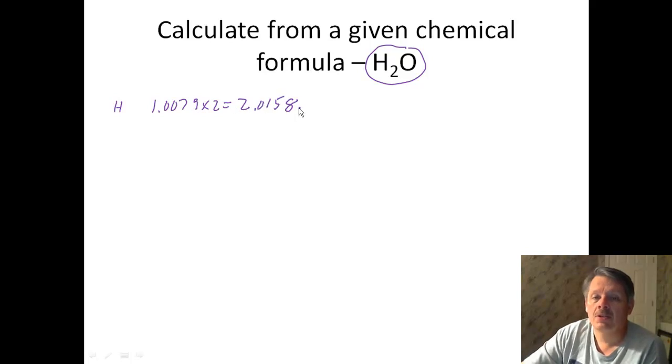And that's in grams. And for oxygen, I get, well, we all know that's 15.999. Again, guys, you should be looking at this on your periodic table. Right? Now what I have to do is add these two numbers up. So I add these two numbers up, and I get a total of 18.015. Now, let me make a comment.